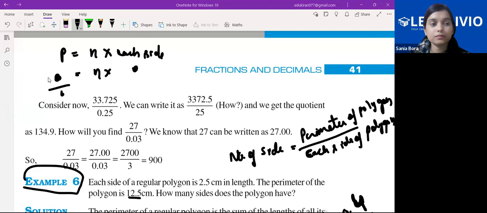Ma'am, what is the first statement? The first statement would be, each side of a polygon is this.